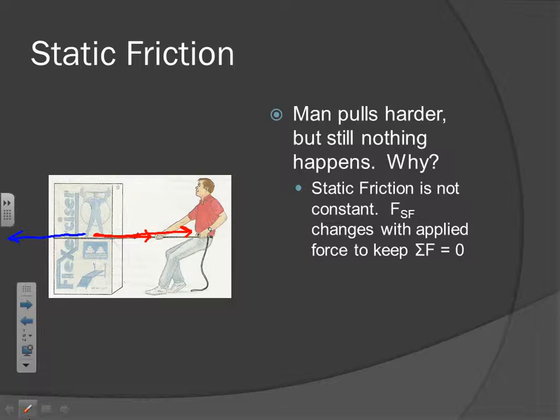We use subscripts to signify which force we're talking about. A lot of times we'll use F to represent force, and then the subscript to represent what force we're talking about. So F_SF, the force of static friction, changes with the applied force so that the net force remains 0. And if the net force remains 0, what's going to happen to that box?